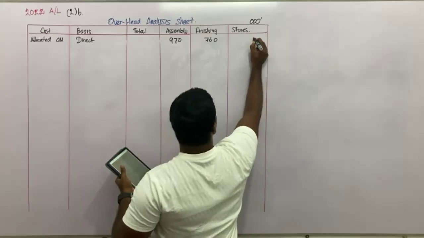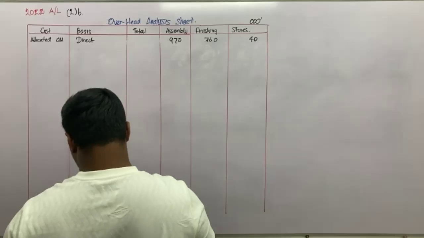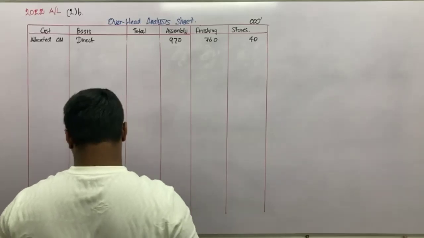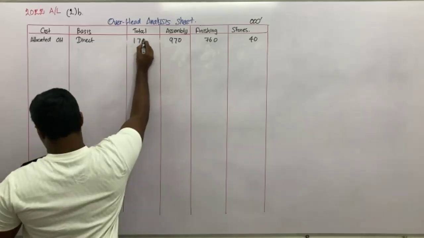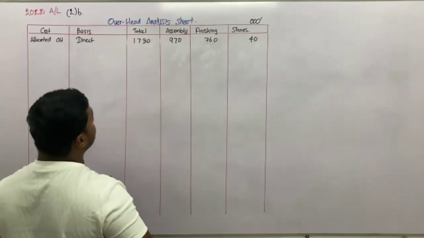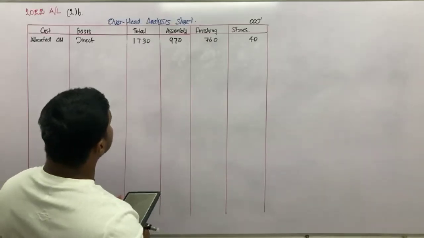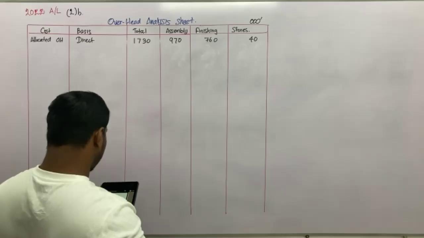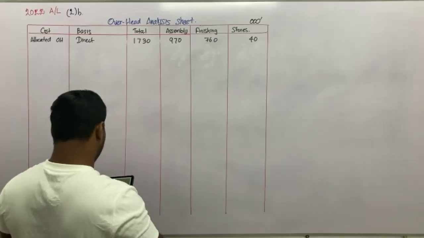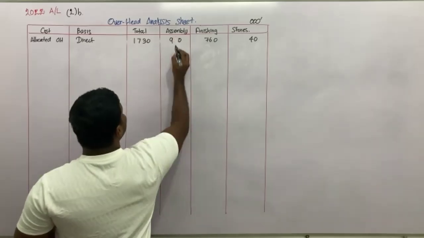Here, stores 40. Altogether 1730. Sorry, it's not 970, it's 930.